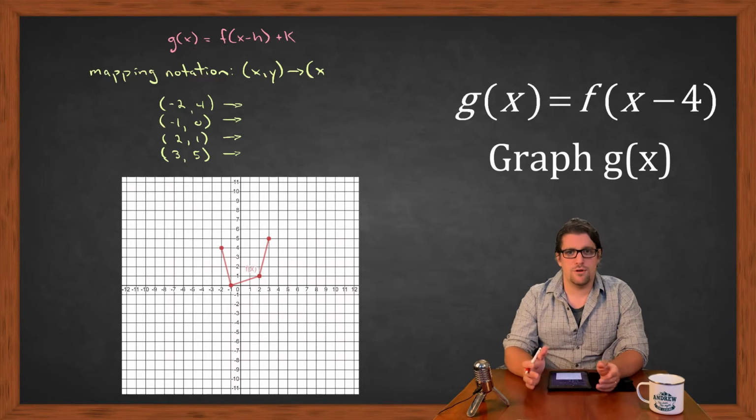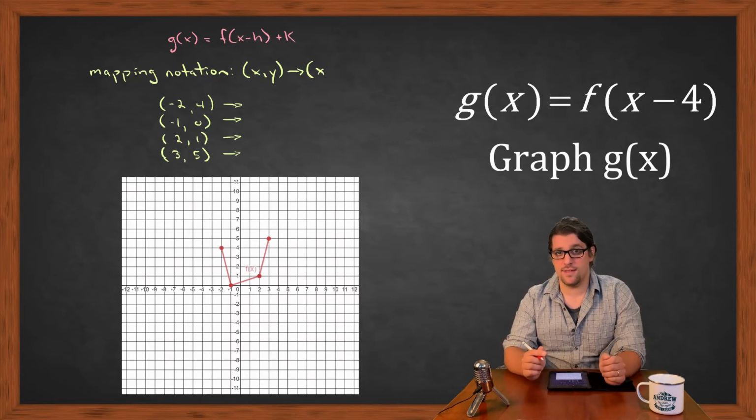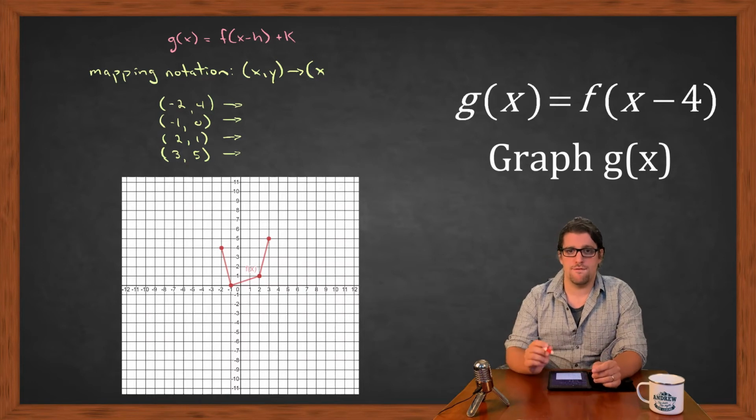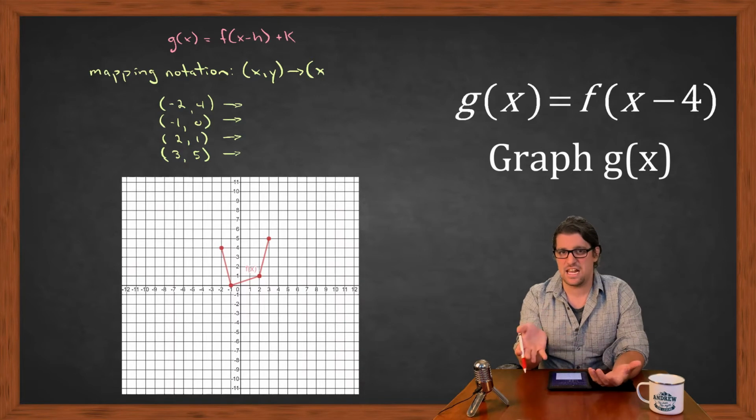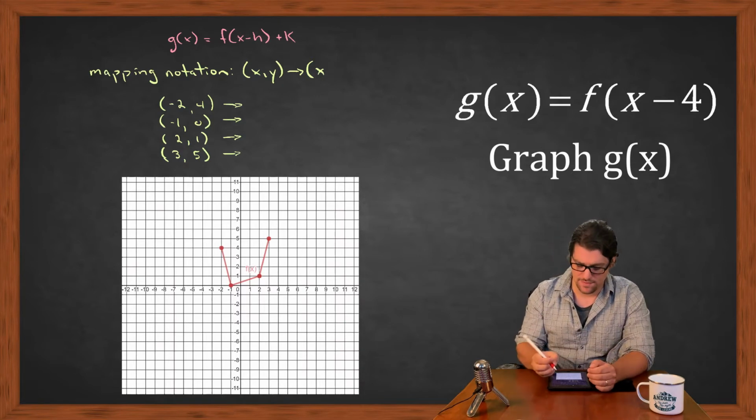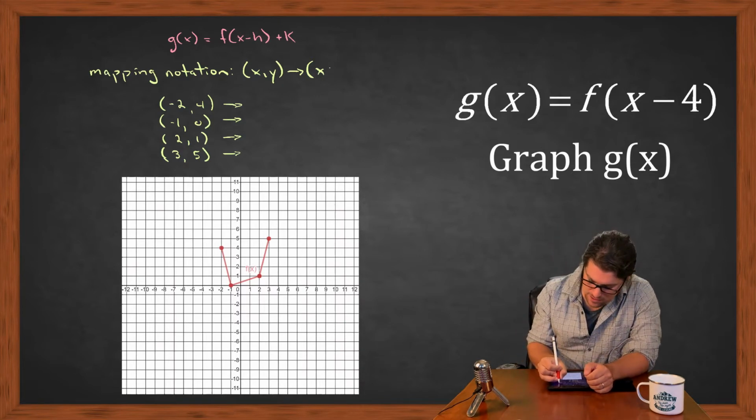So x minus 4 in the argument means that the h value, because it's x minus h, is a 4. So what does that 4 do? Well, it's going to move it 4 units to the right. How does that modify the x value? Well, a movement of 4 units to the right along a number line is the same thing as adding 4 to it. So it's going to take that x value and add that h value, which is 4, to what was already there.